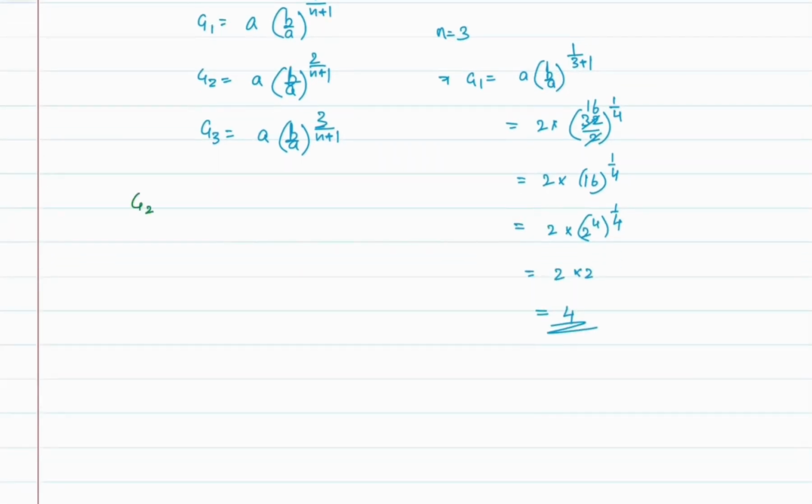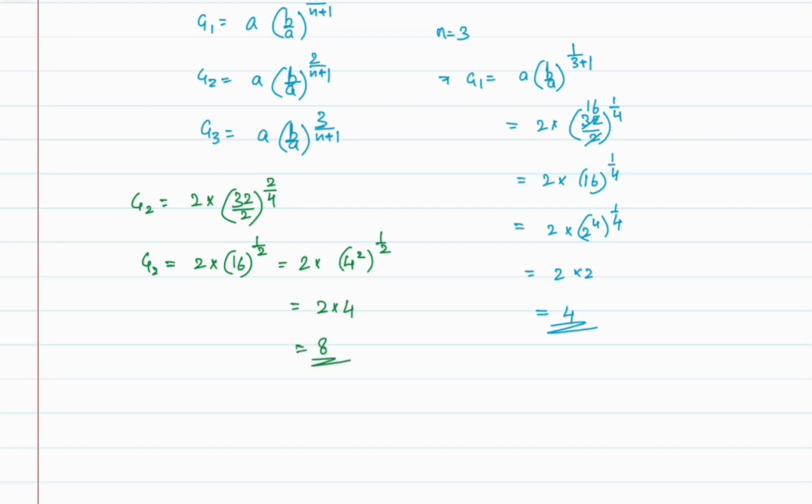Now let's see what is the value of g2. g2 is equal to 2 into (32 by 2) power 2 by 4. So g2 will be equal to 2 into (32 by 2, which is 16) power 1 by 2. We know that 16 is 4 square. So (4 square) power 1 by 2 will become 4, and 2 into 4 is equal to 8.